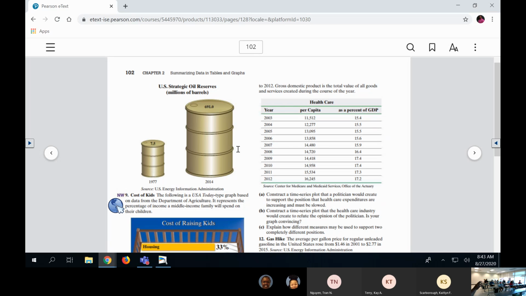So is this a mistreatment? Yes. That barrel on the right should be about the size of the whole column on the right side over here. You see what I'm saying? What's wrong with this picture?